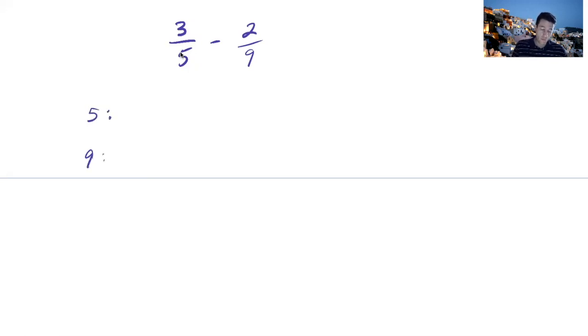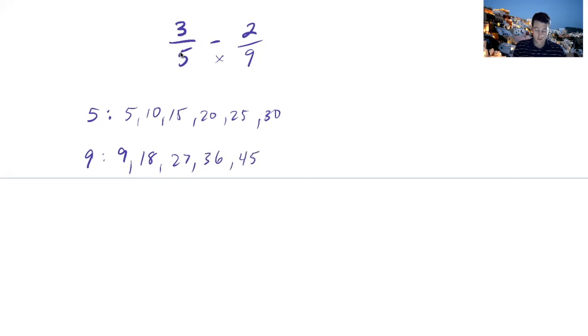Now remember, one shortcut you can always do is multiply these two denominators together, and you're going to get a common denominator. Is it the least common denominator? It might be. Chances are that it might be, but we're not sure. Let's take a look at our multiples of 5: 5, 10, 15, 20, 25, 30. We'll stop there. 9, 18, 27, 36, 45.